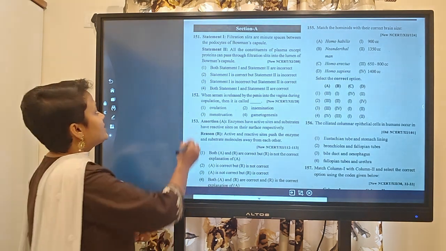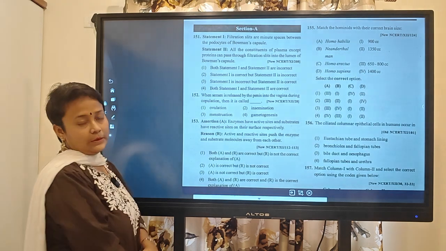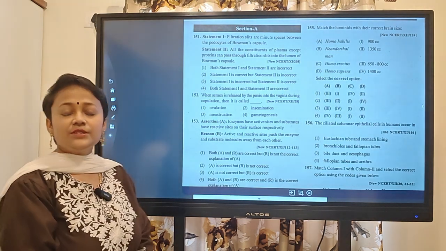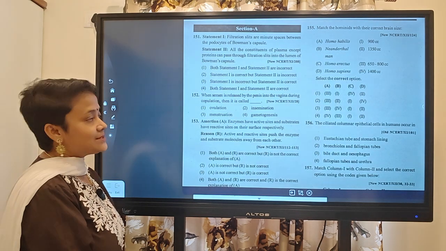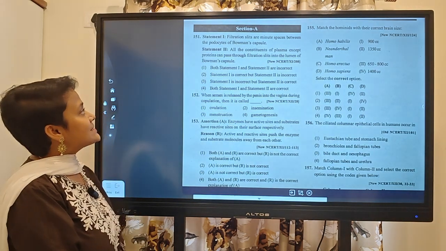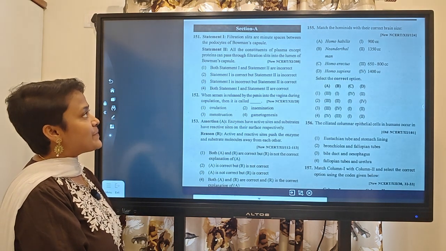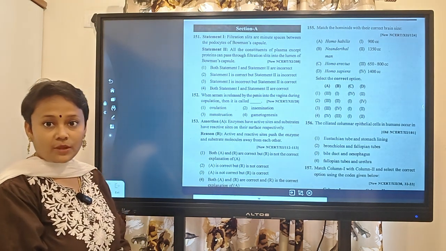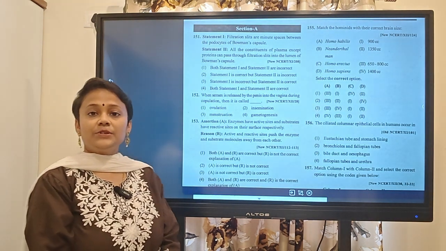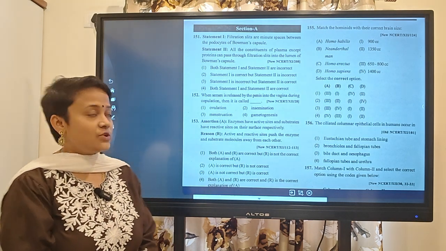The first question you can see is question number 151. It is a statement type question, right? Statement 1 suggests that filtration slits are minute spaces between the podocytes of Bowman's capsules, right? So it is the chapter excretion, right?